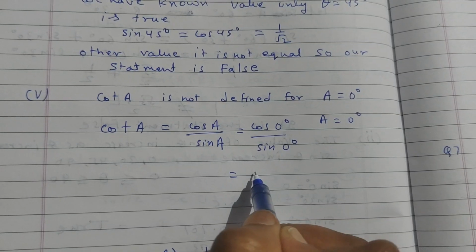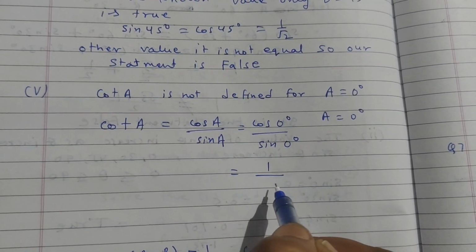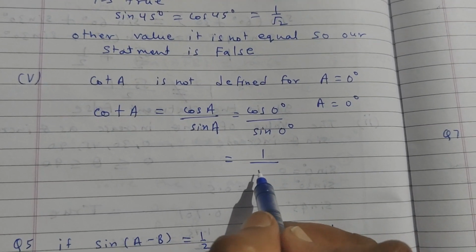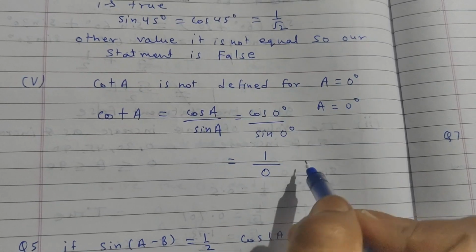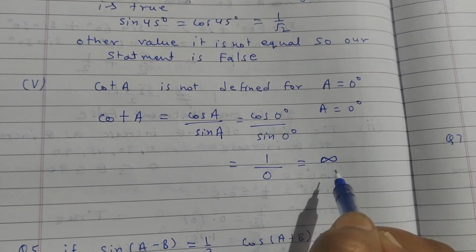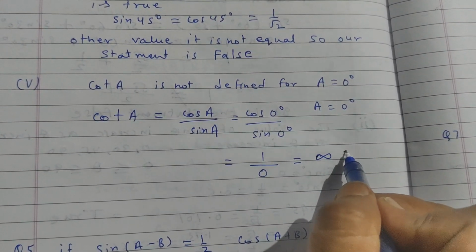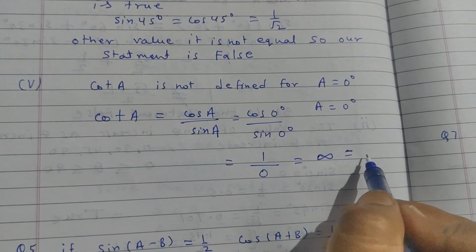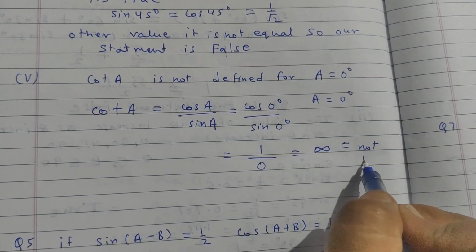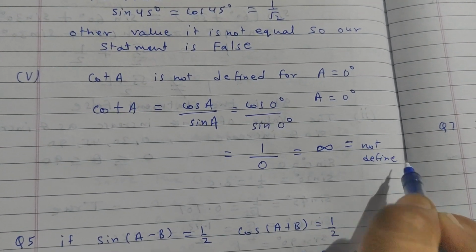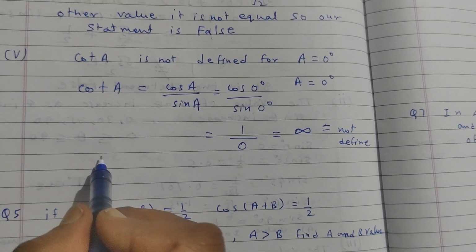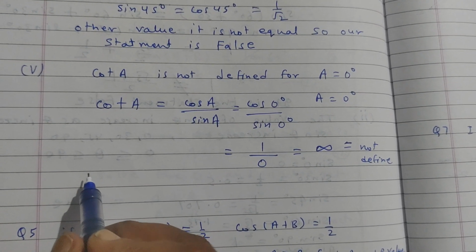Cos 0 value is 1 and sin 0 is 0, so it is not defined, hence it is undefined.